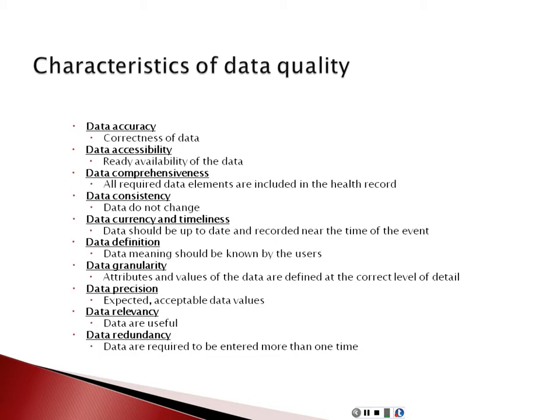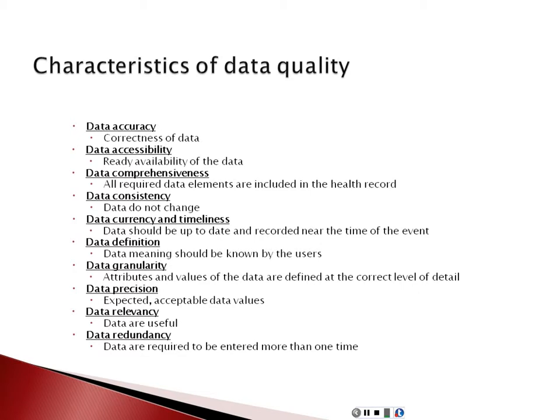And then finally, data redundancy. We need to make sure that data are required to be entered the least amount possible. Meaning you're doing something in health information, and you're having to constantly enter patient name and medical record number, which has already been entered via the admission systems or the registration systems.